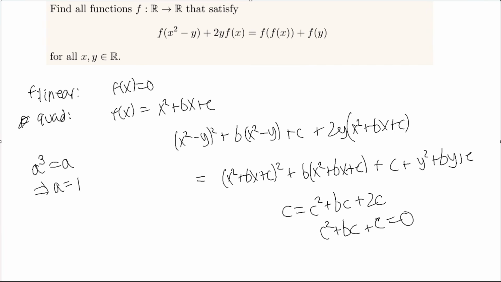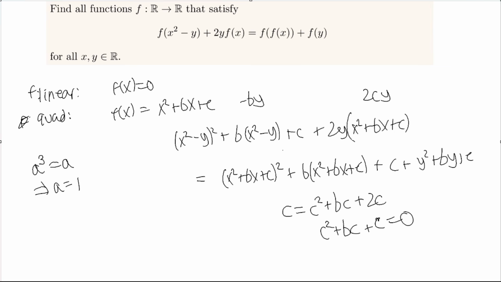And then we have this y term here, and we want to see what we can do with that. This is negative by, and then this one here gives 2cy. And the only y we get here is this one.